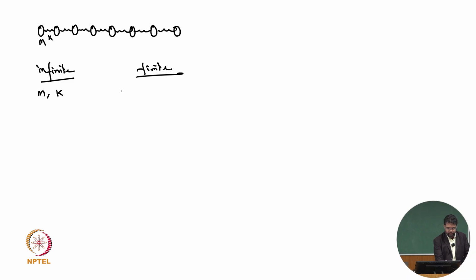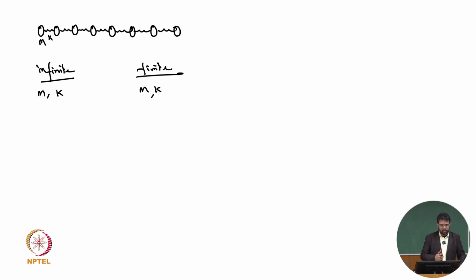It's a finite dimension. Previously it was infinite dimension. So once it is finite dimension, what are the changes? Suppose I think infinite versus finite, our mass and stiffness will remain the same for both the cases, no doubt.